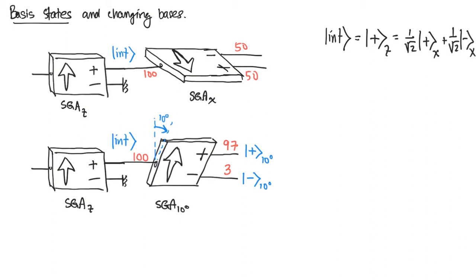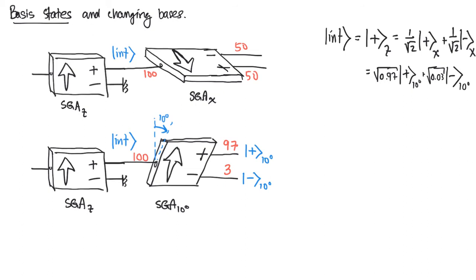So we said we could also equivalently write the state in the intermediate position as square root of 0.97 times the state plus 10 and square root of 0.03 times minus 10 degrees.